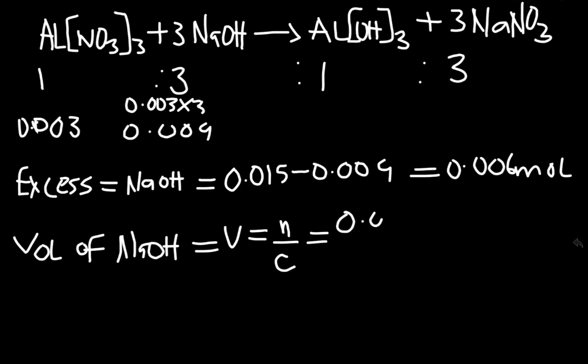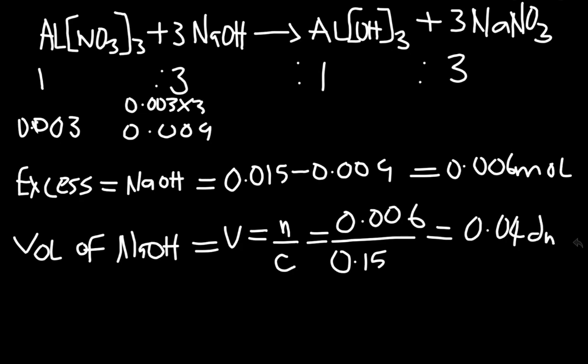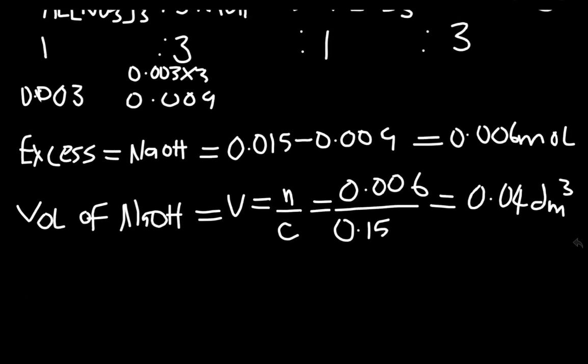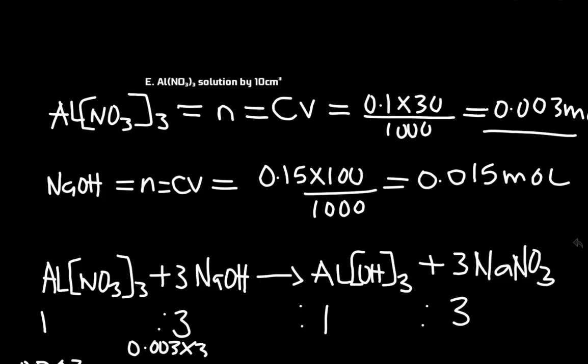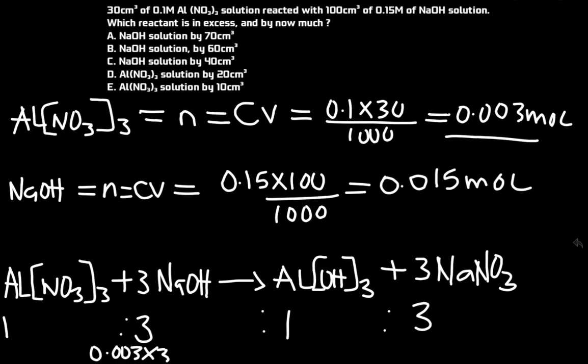So 0.006 over the molar conc that was given initially, 0.15, equals, if you punch your calculator, 0.04. And please note, this one is in dm³. Now, if you notice our question, our answers are in cm³, so we need to convert the 0.04 dm³ to cm³.